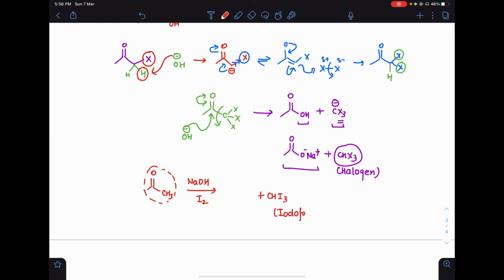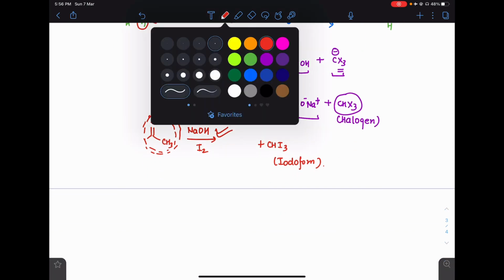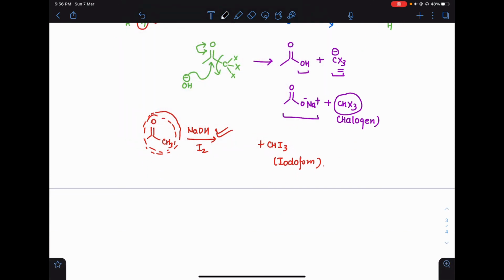And this iodoform is yellow in color. So we can test for any carbonyl compound which contains a C double bond O CH3 group with this haloform reaction. Now sometimes in exams they will try to confuse you. They won't directly give you compounds containing C double bond O CH3.